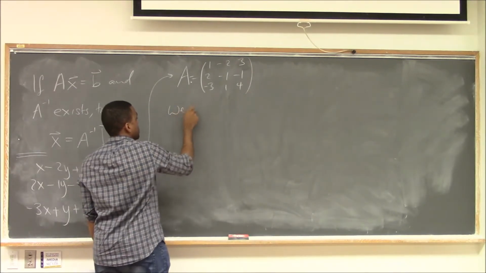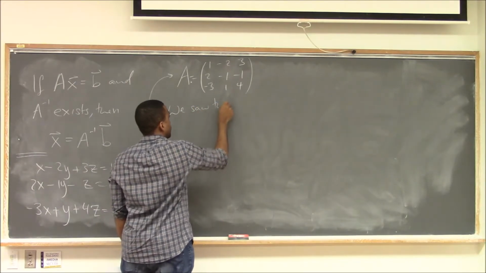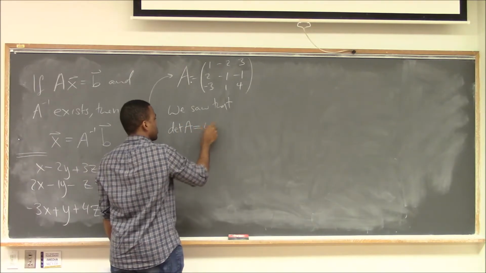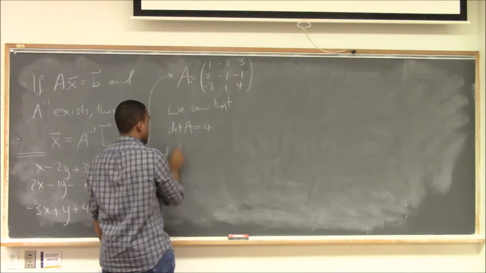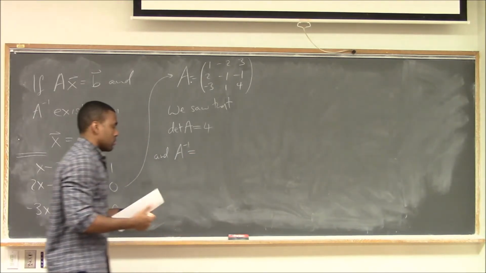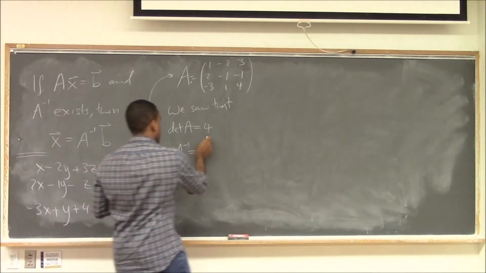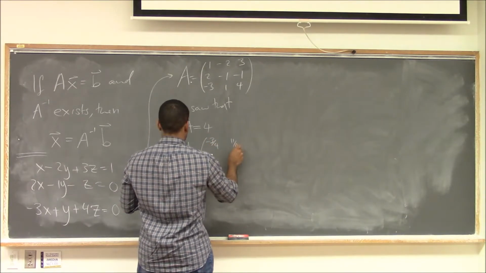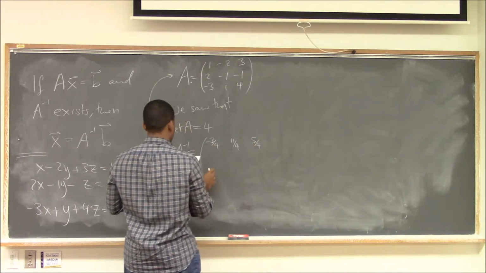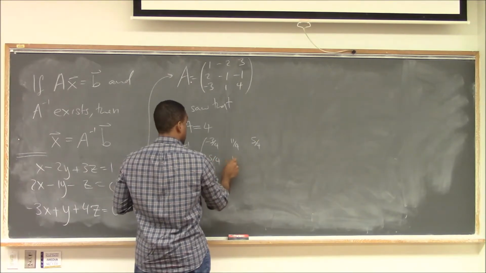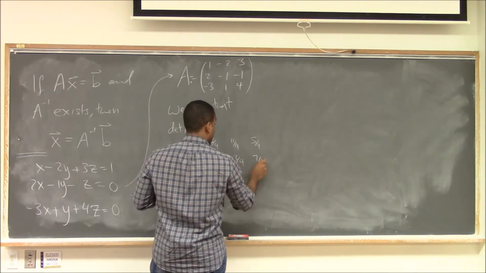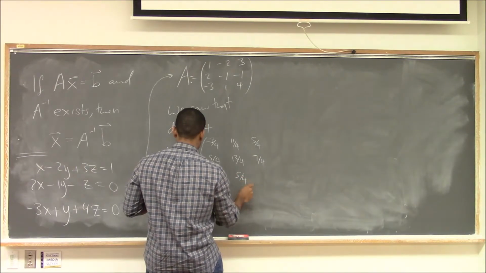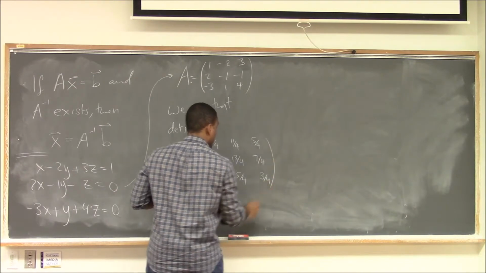And we saw two things. We saw that the determinant of A was equal to 4, and we found A inverse was this: minus 3 over 4, 11 over 4, 5 over 4, minus 5 over 4, 13 over 4, 7 over 4, minus 1 over 4, 5 over 4, 3 over 4.